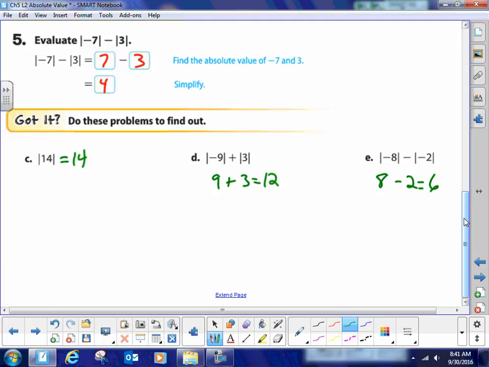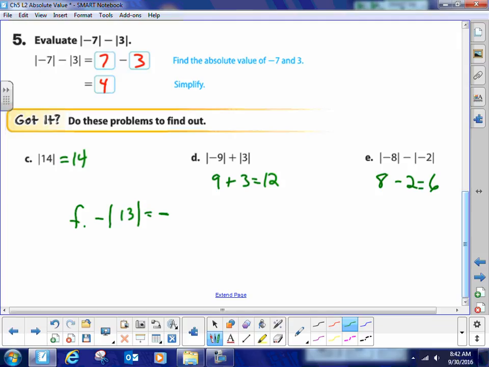Here, let me give you another example. There's another example that they actually talk about that I've seen. Oh, let's make it 13. All right. You do everything inside the absolute value sign first. That has no bearing on the negative sign. The negative sign is not inside the absolute value sign.